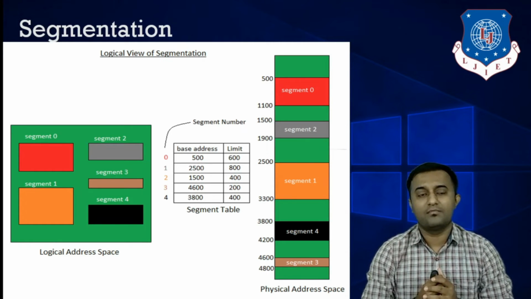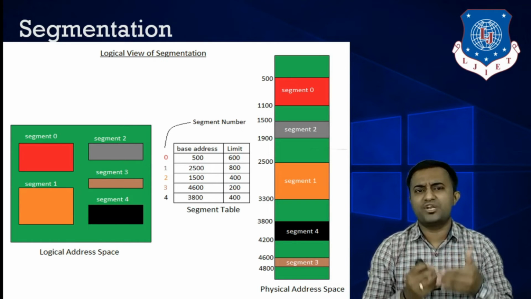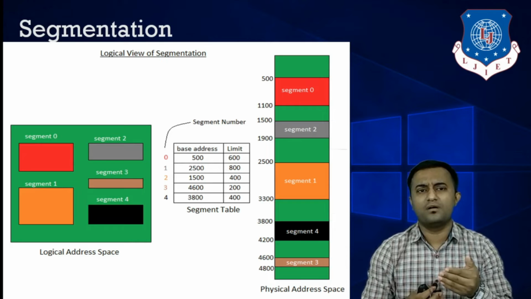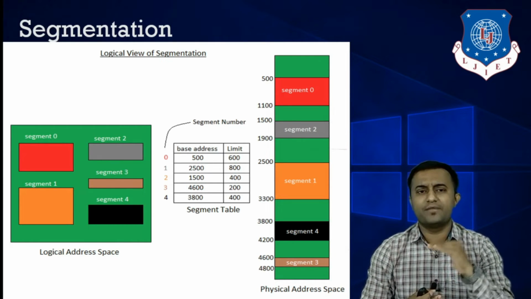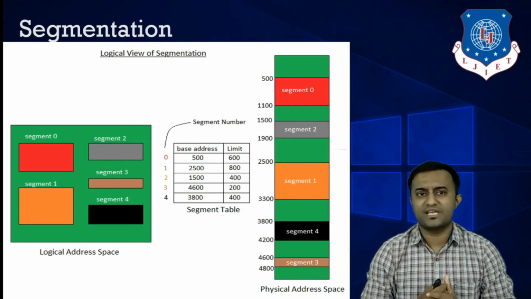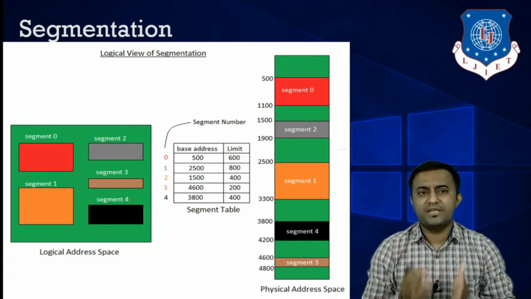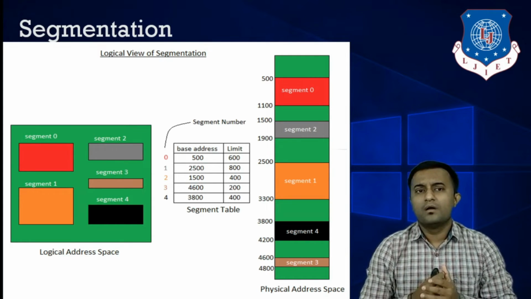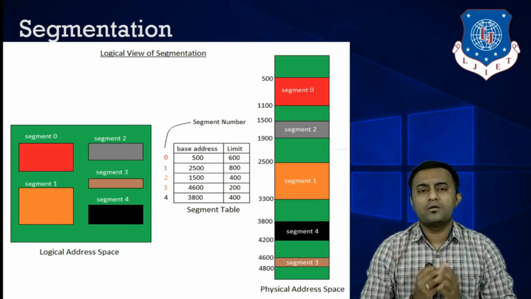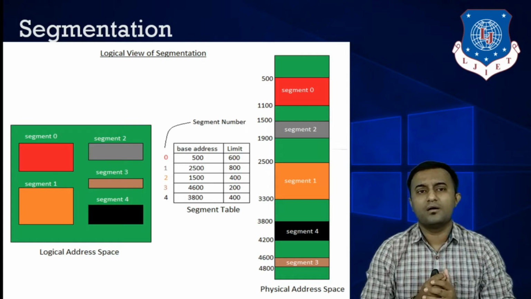Okay, and what is the significance of this variable size partitioning that we are going to discuss right now? In the case of paging, irrespective of the size of the process or piece of program, the operating system will simply divide it into a fixed size partitioning scheme. But in the case of segmentation, the operating system will not take care of this partitioning policy.